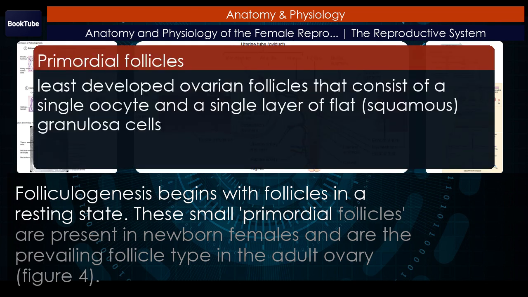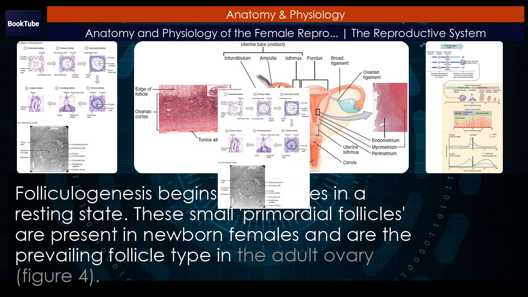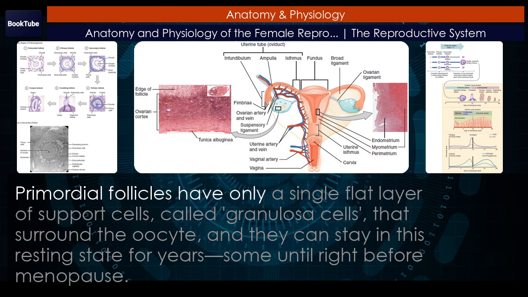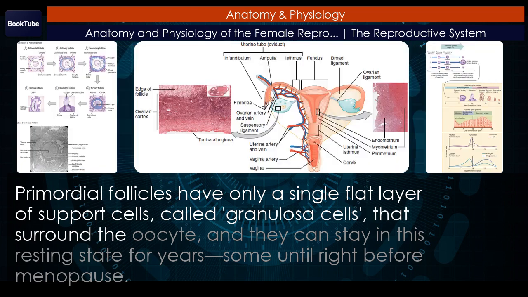These small, primordial follicles are present in newborn females and are the prevailing follicle type in the adult ovary. Figure 4. Primordial follicles have only a single flat layer of support cells, called granulosa cells, that surround the oocyte, and they can stay in this resting state for years, some until right before menopause.